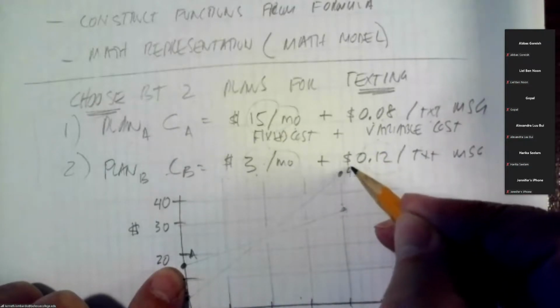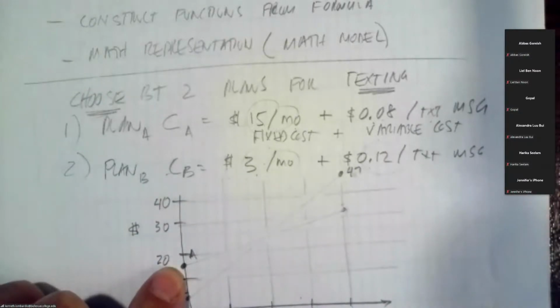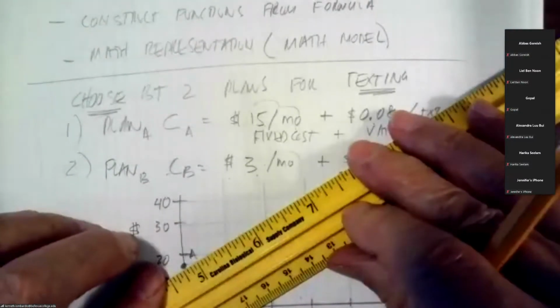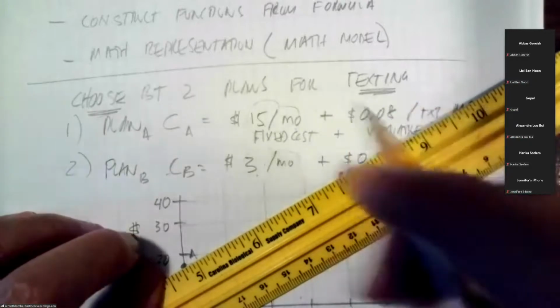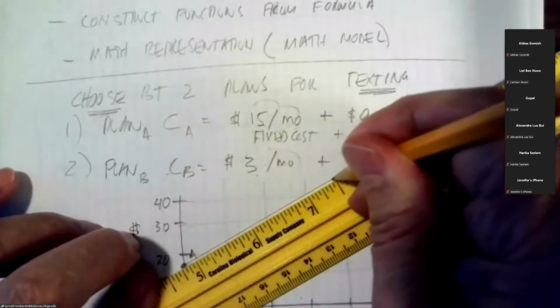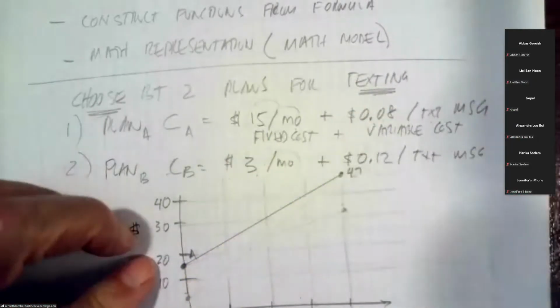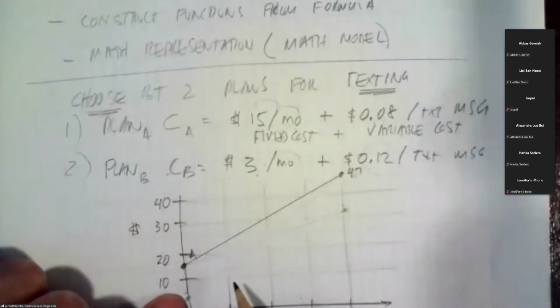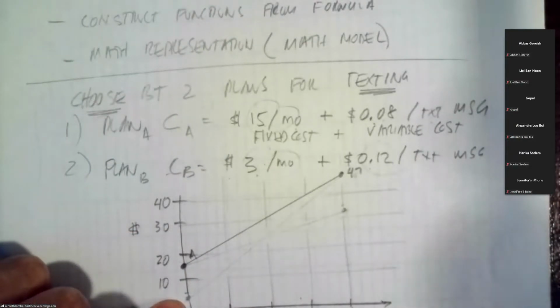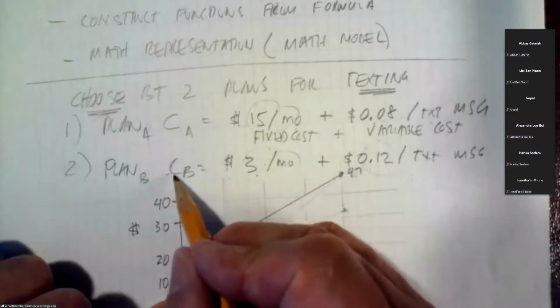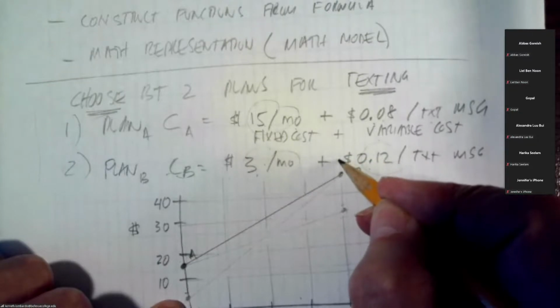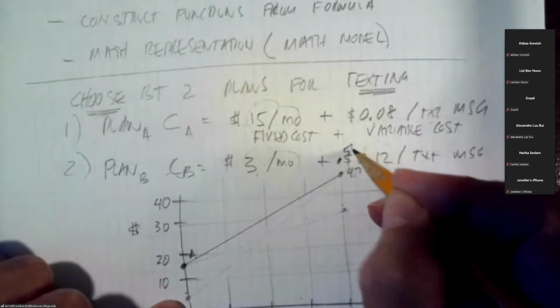Let's say that's 47 there. Okay, does that look better to you? We do it that way? Yeah, thank you. And for the other one, starting at 3, 12 cents times 400 is 48, plus 3 is 51. So let's say it's there.